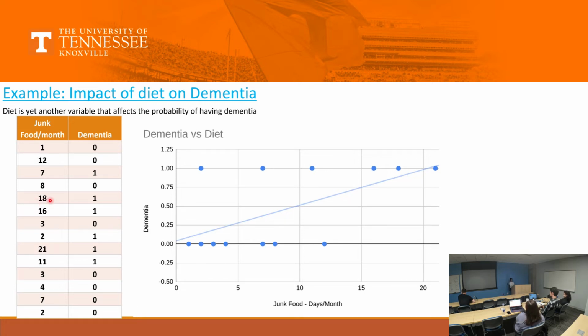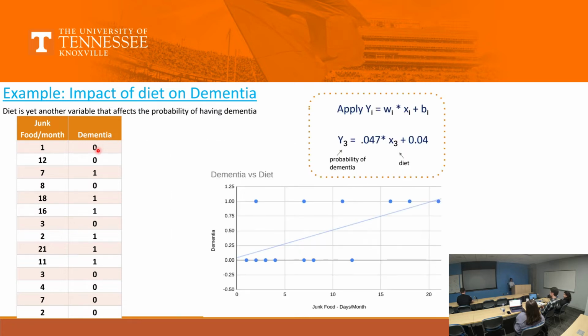People who eat junk food 18 days a month will have dementia, versus people who have one junk food meal per month, that means they constantly pay attention, they will have zero dementia. I have data like this. I apply it. What do I get? I get the probability of dementia versus the diet in terms of number of junk food meals per month.